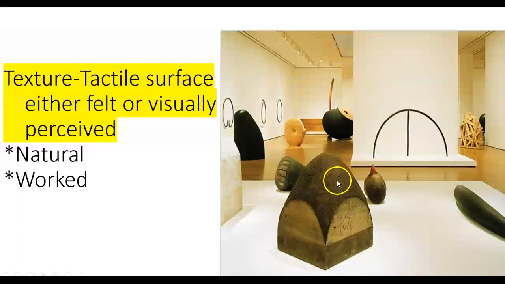It's just right off the tree, this big lump, and you can see the texture of the bark. Worked texture means that somebody used their hand or a tool to change that natural surface. In this case, this was cut with some sort of a saw. This was probably sanded. This back here was cut and probably sanded.